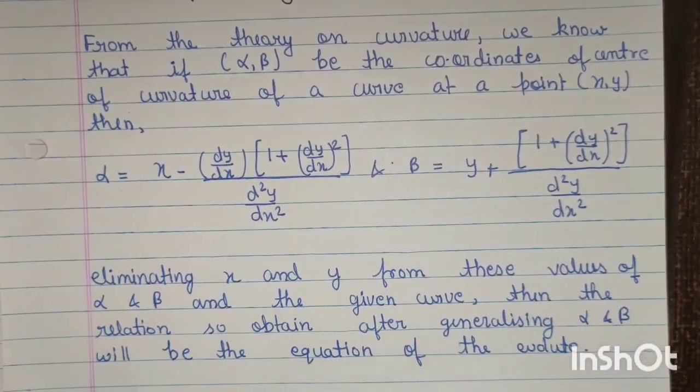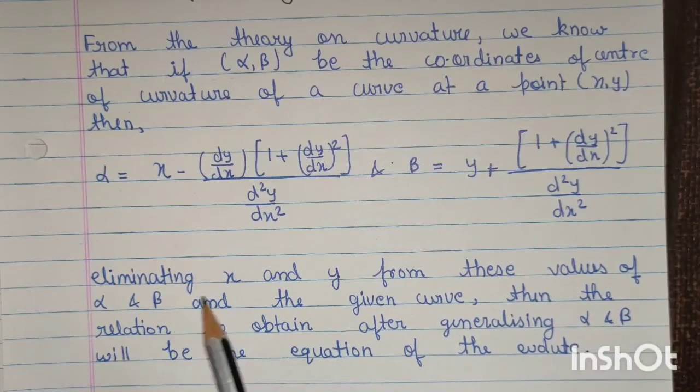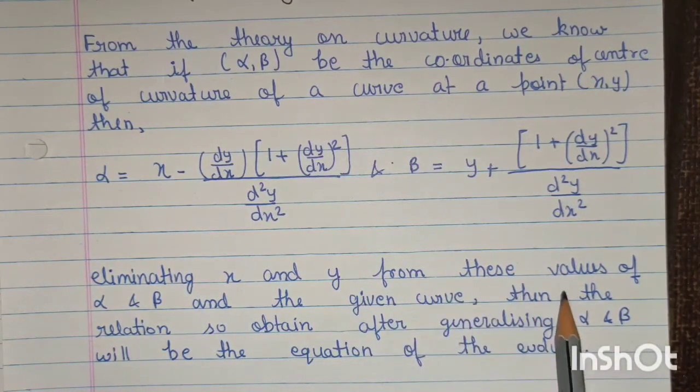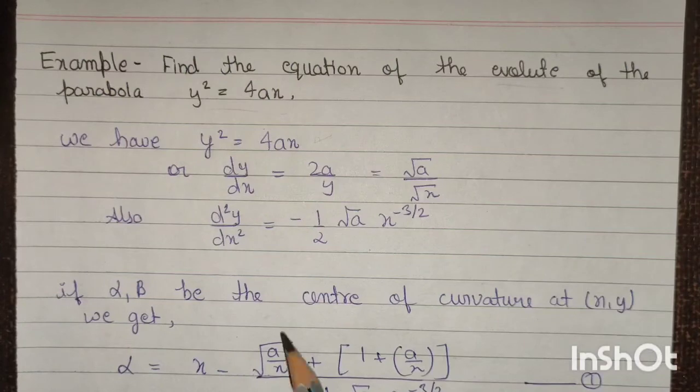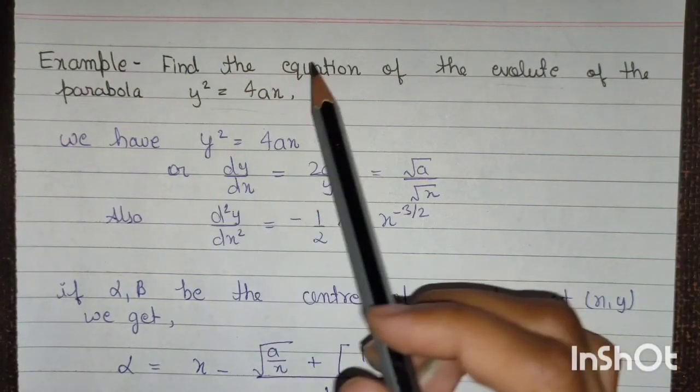For finding the equation, we have to eliminate x and y from these values of α and β and the given curve. Then the relation so obtained, after generalizing α and β, will be the equation of the evolute.